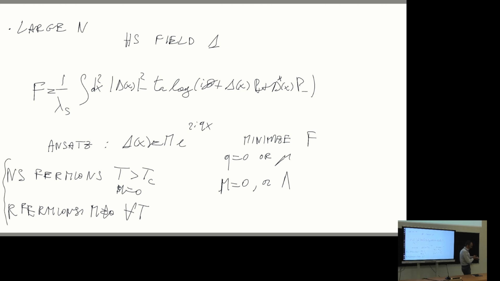So yeah, I think I have to wrap up. I don't have time to tell you about the Gross-Neveu model. Just summarizing, people have found out that chiral spiral configurations do exist at large N in the chiral Gross-Neveu model. They were conjectured to exist in QCD. In QCD, we had no idea whether they exist or not.